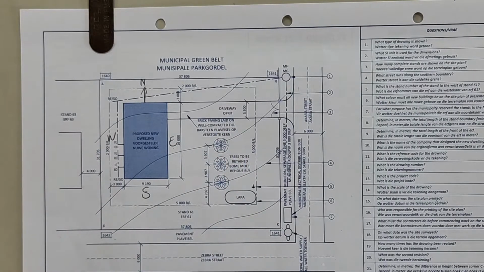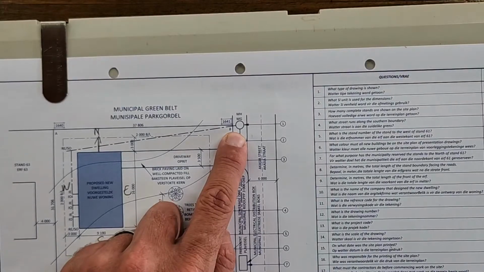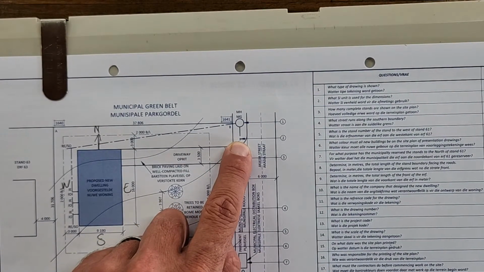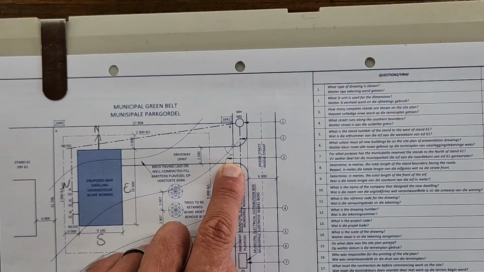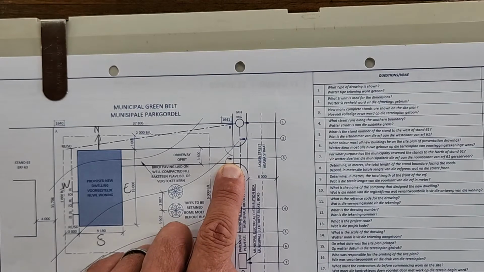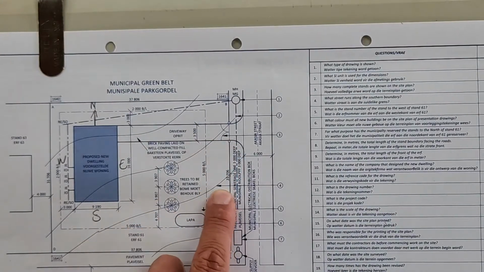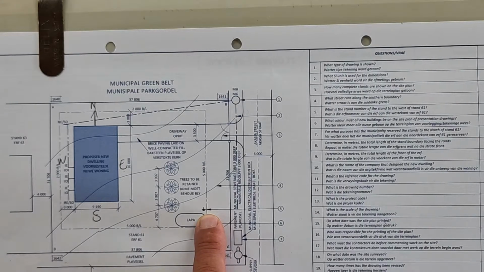Alright. What does the line at 1 indicate? 1 is our manhole. Number 2 is the municipal sewer pipe. 3 is our gate. You can also say swing gate, but it is a gate. Number 4 here is our contour lines.